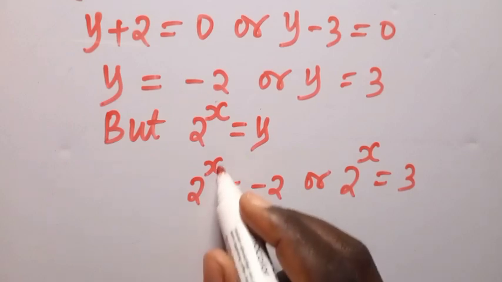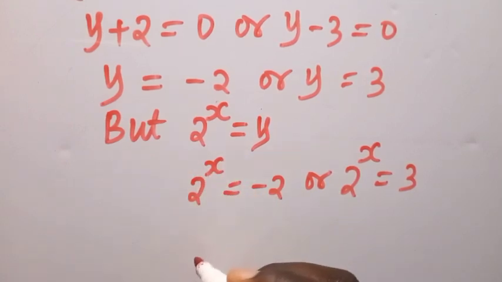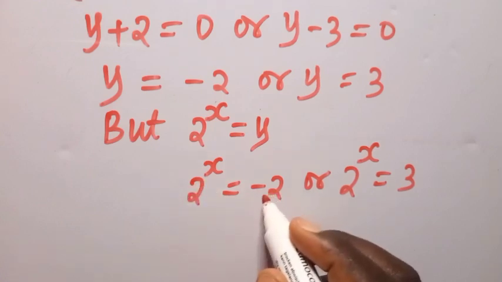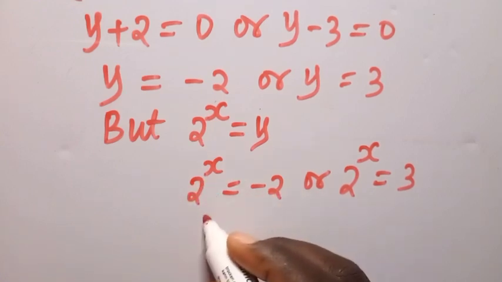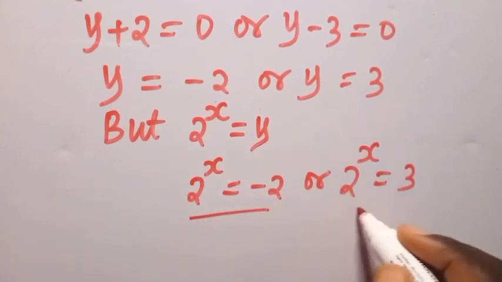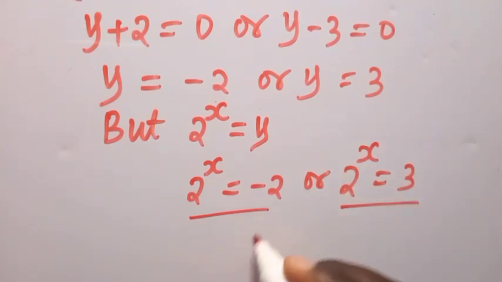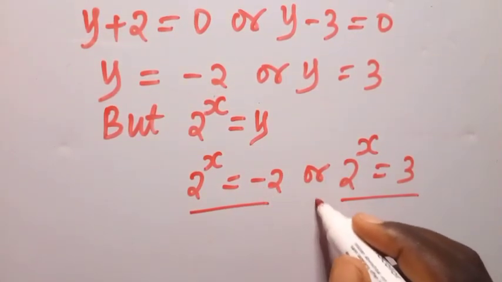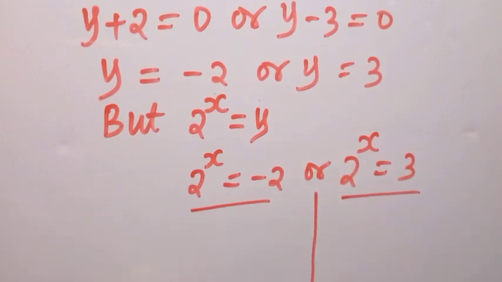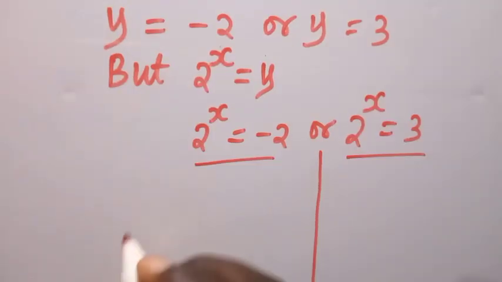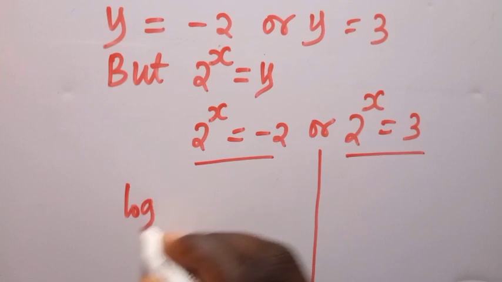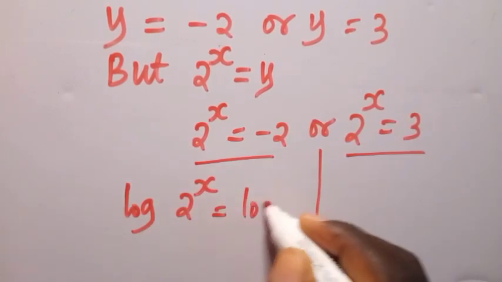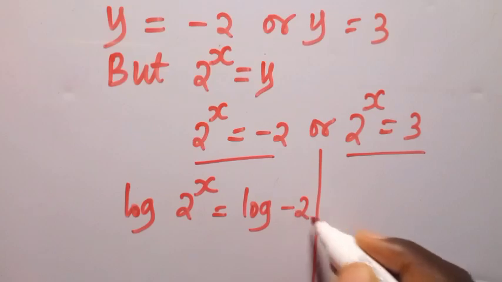Now, for us to solve for the value of x, we introduce logarithms on both sides. Because we shall have this one and this one, let us introduce for this one first. So if we introduce for this one, then we shall have the logarithm of 2 raised to x equals the logarithm of negative 2.